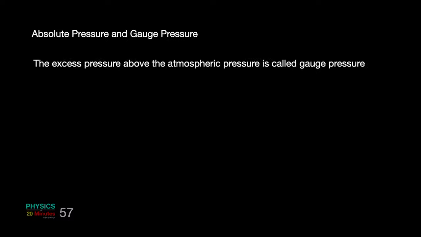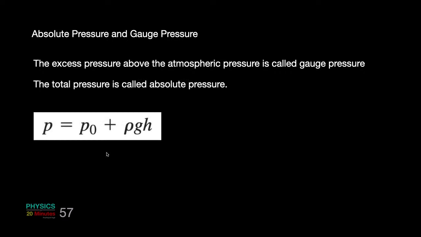Then we talk about absolute pressure and gauge pressure. We have just seen that the pressure at any point in the fluid is the sum of two components: the atmospheric pressure and the fluid pressure.